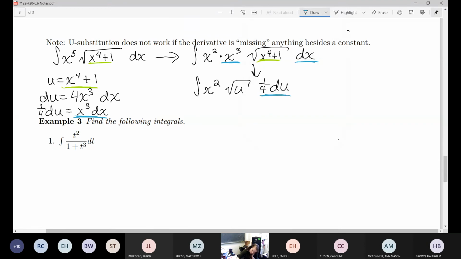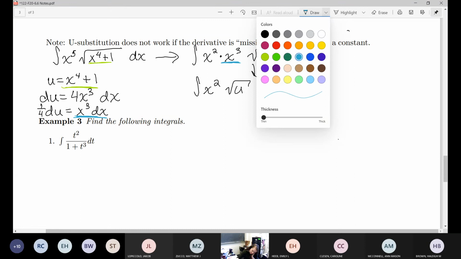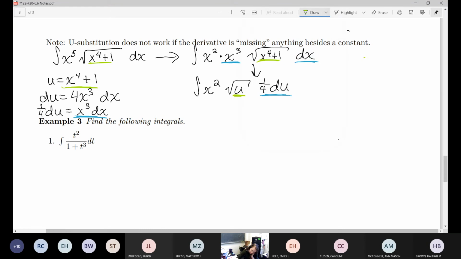Let me just color code. Now, because there's that extra x squared at the front, I can't take the antiderivative of this because I can't take the antiderivative of something that has two variables in it. So I'm stuck.